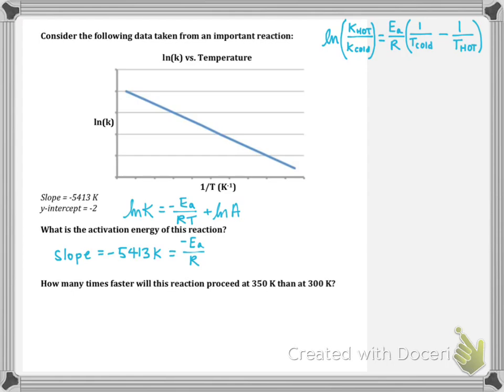So then we can just go ahead and say negative 5413 Kelvin is equal to negative Ea over 8.314 joules per mole Kelvin.